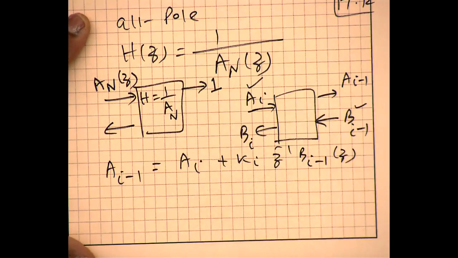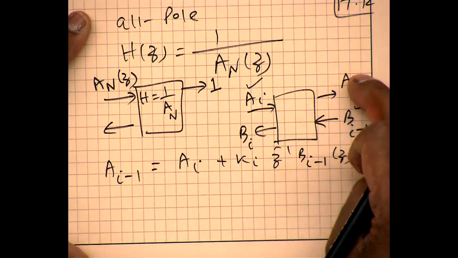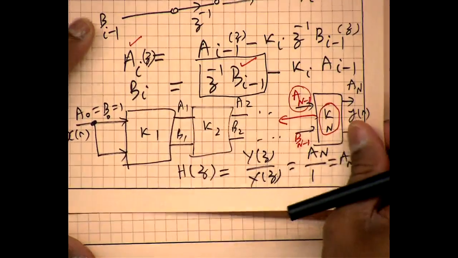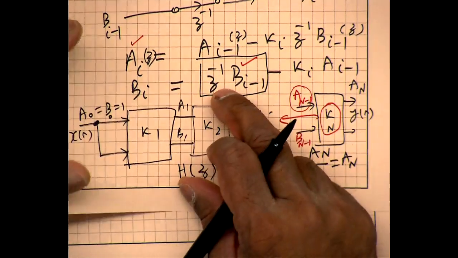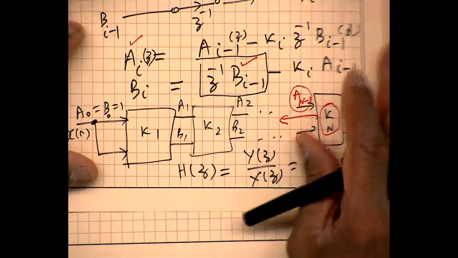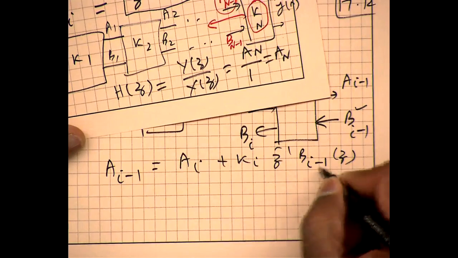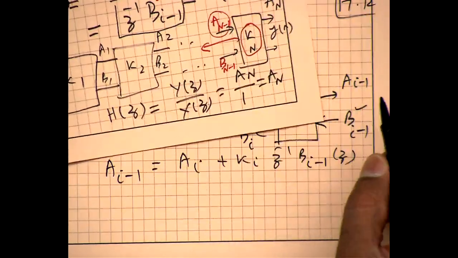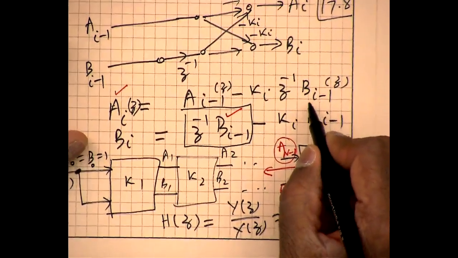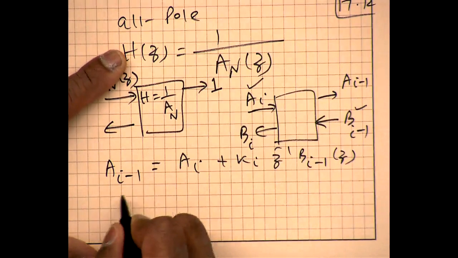So that's how we compute this output. Bi, we don't need to change anything. Bi is already in a form where we can compute it using Bi minus 1 and Ai minus 1, which we just computed.